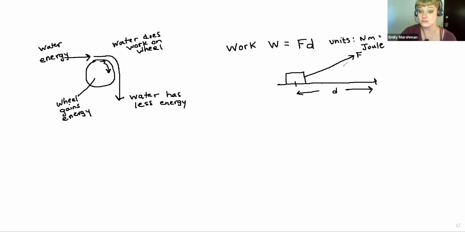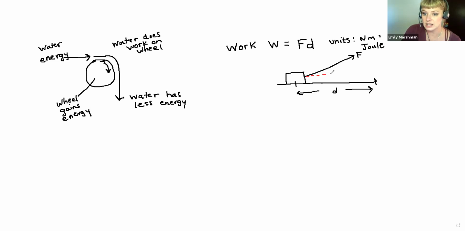We can't just multiply the force times the distance here. We have to take into account one more consideration, in that the force and the distance have to be either parallel or perpendicular to each other when you multiply them here.